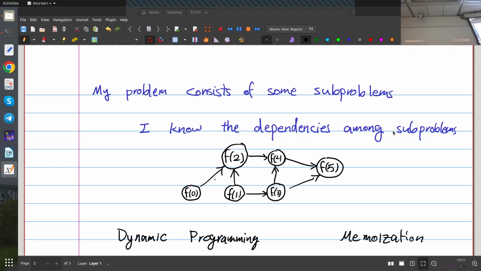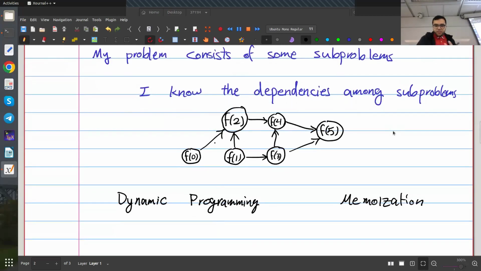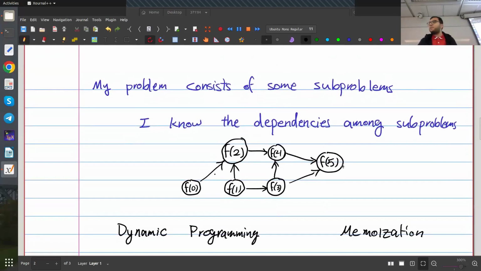For example, from f of 3 to f of 5, I have a direct edge, but I also have a path that goes to 4 and then goes to 5. Because it's not unique, when I'm doing recursion I would calculate f of 3 at least twice, and that's suboptimal. I don't want to do that. Okay? So this view of dynamic programming also tells you when dynamic programming is unnecessary in some sense.